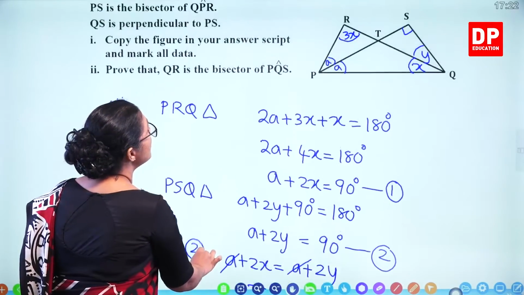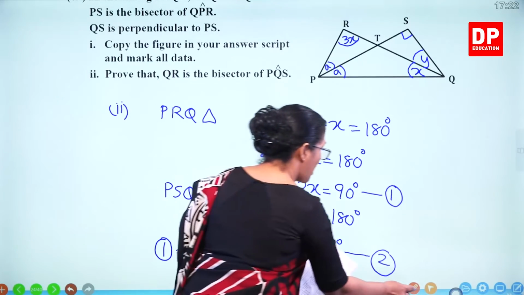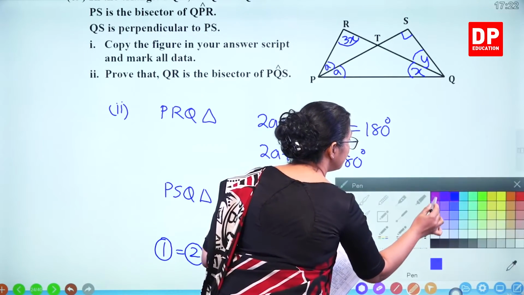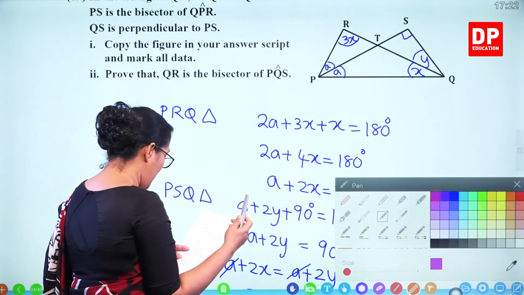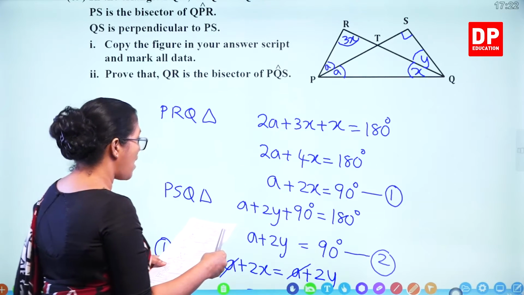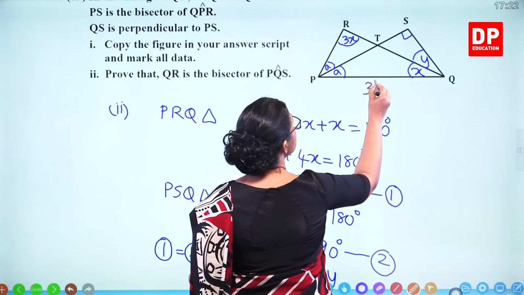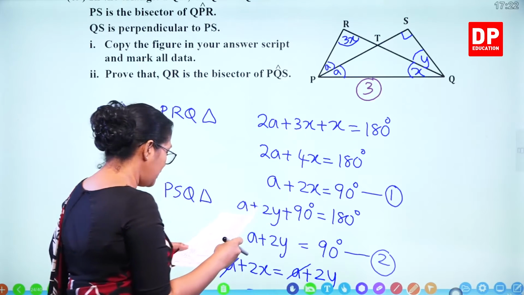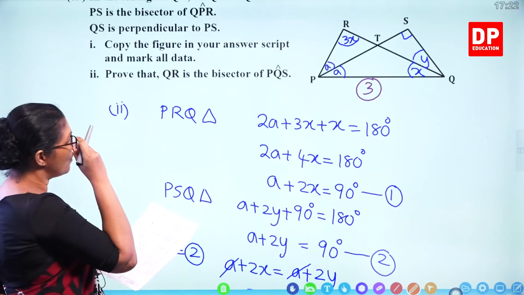So showing all this information, you get marks. You get 3 marks for showing all this information and the other 7 marks for the proof.